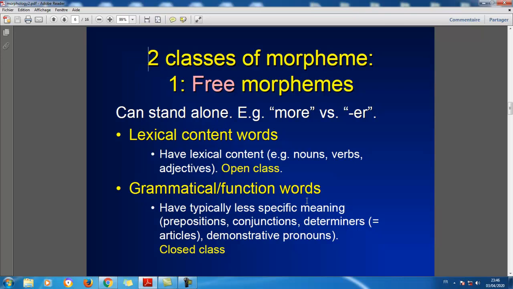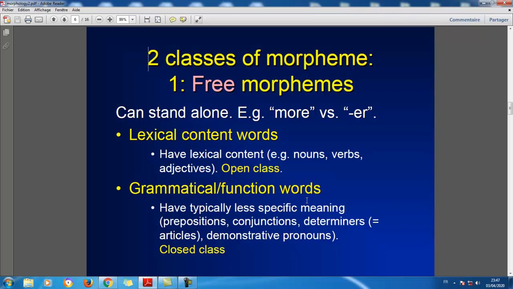For example, I went to the cinema. How many words do we have in here? I went to the cinema. 5 words. Among these 5 words, what words are content words and what words are, if you like, function or grammatical words?